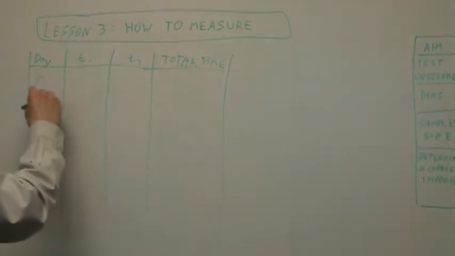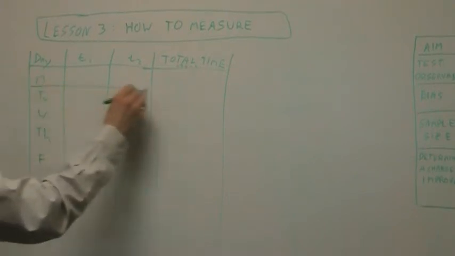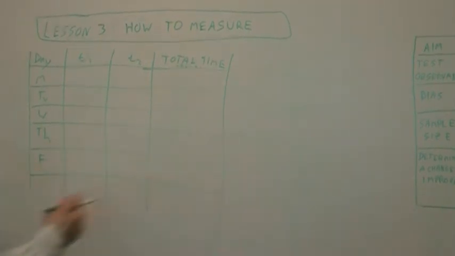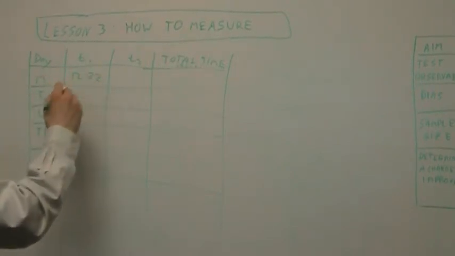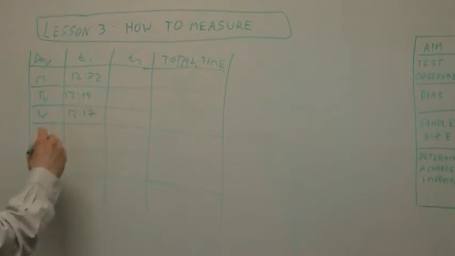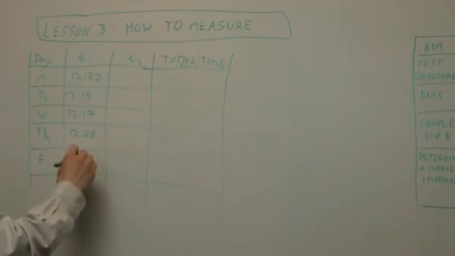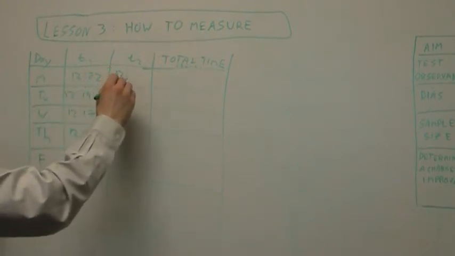So here we have Monday through Friday. And suppose that the data this person gathers looks something like this. So these are all the start times. And these are now all the end times.